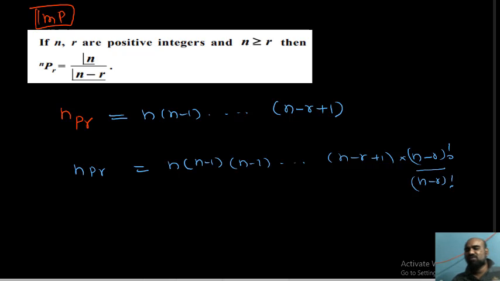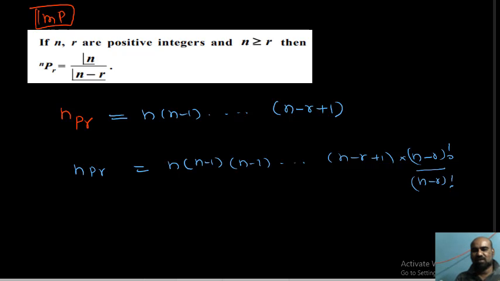Even if n equals r, also no problem. Actually you can't divide by 0, but here if n and r are the same, this becomes 0 factorial, and for mathematical convenience 0 factorial is treated as 1, no problem. If n is equal to r also, the formula is valid.